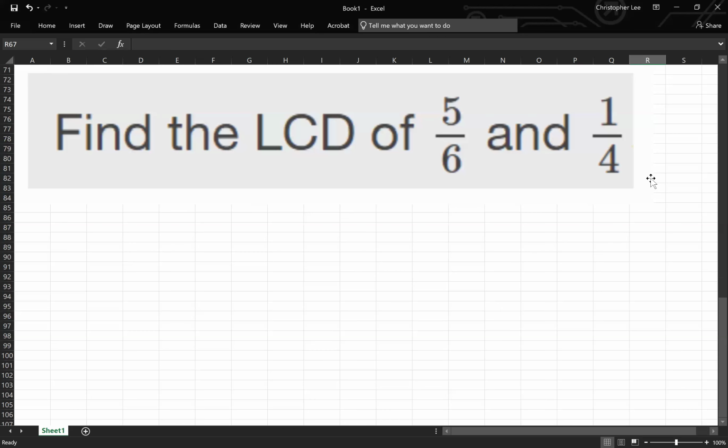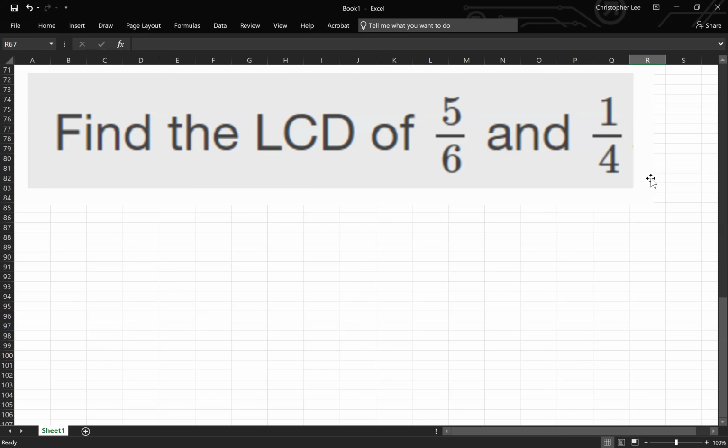Nope, neither are prime. 4 isn't either. 4 is not prime. How do we find LCD? We did it yesterday. Oh yeah, that's true.